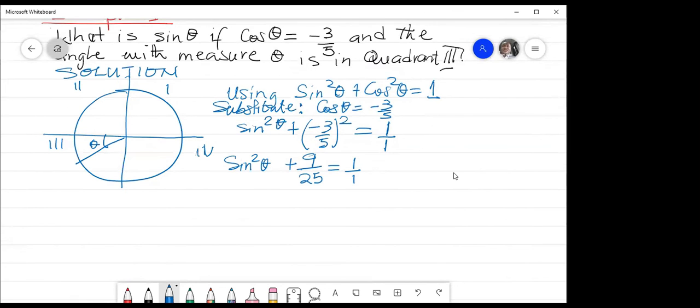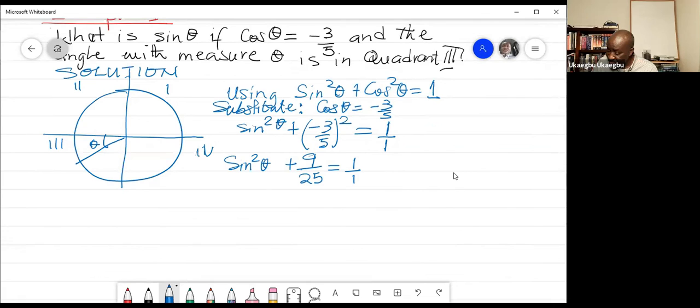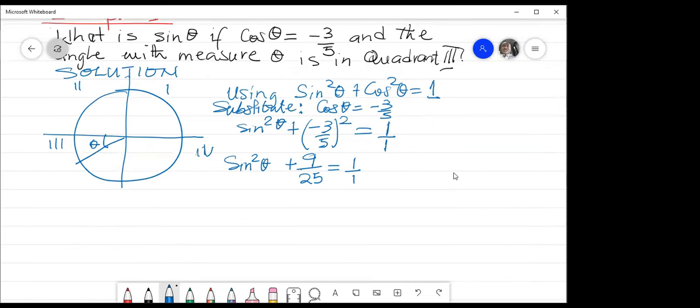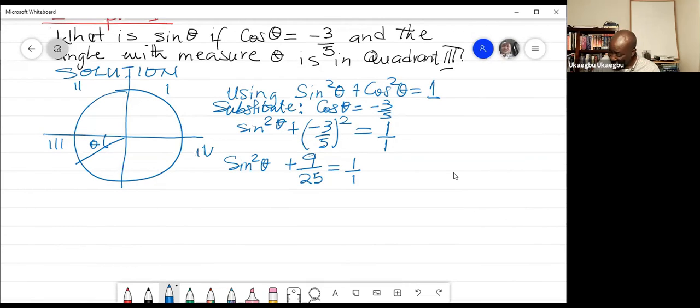I said transfer plus 9/25 to the right side, and I'm asking, does the sign change or does it remain the same? Oh, it'll become negative. Exactly. So that's the confirmation that I need. So we just write sine squared theta is 1/1 minus 9/25.